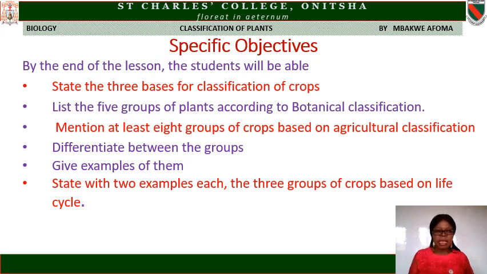It is expected that by the end of the lesson, you students will be able to state the 3 bases of classification of crops, list the 5 groups of plants according to botanical classification, mention at least 8 groups of crops based on agricultural classification, then differentiate between the groups, give examples of them, and finally state with 2 examples each the 3 groups of crops based on life cycle.